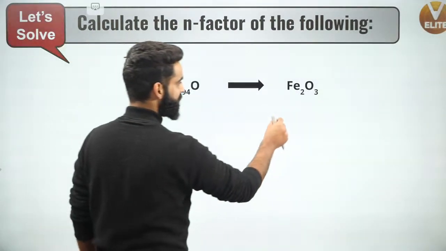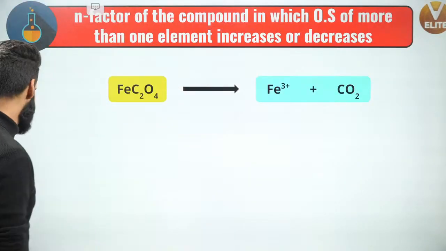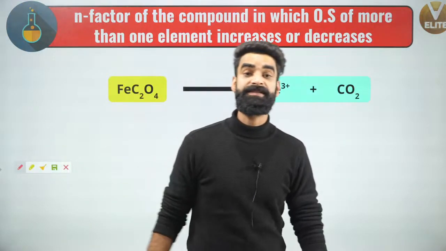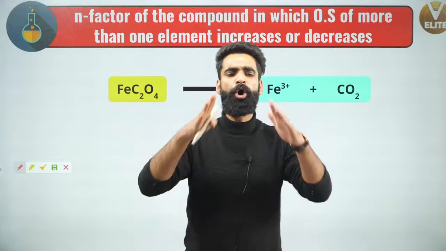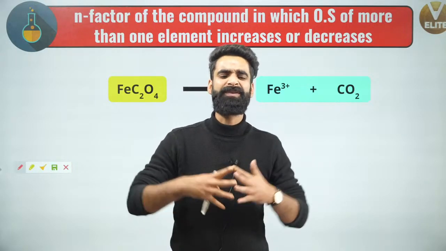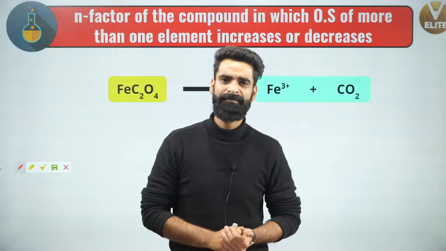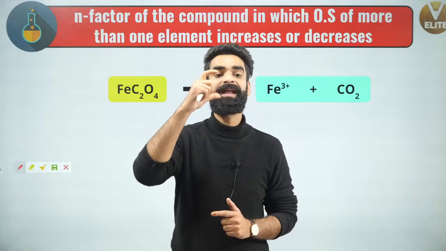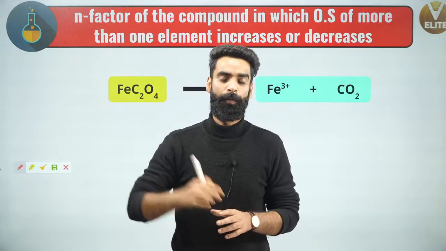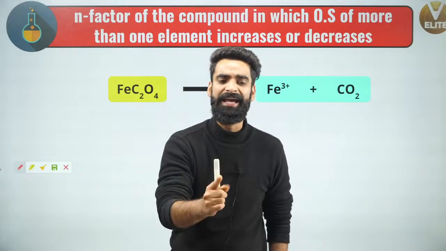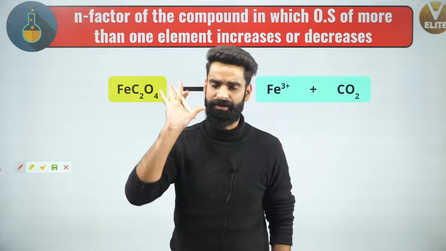Wonderful. Okay, see, guys, now comes one more category right here. Till now, which substances did we talk about? In all these substances, whatever n factors we calculated, the oxidation state of only one element in a compound was changing, correct?